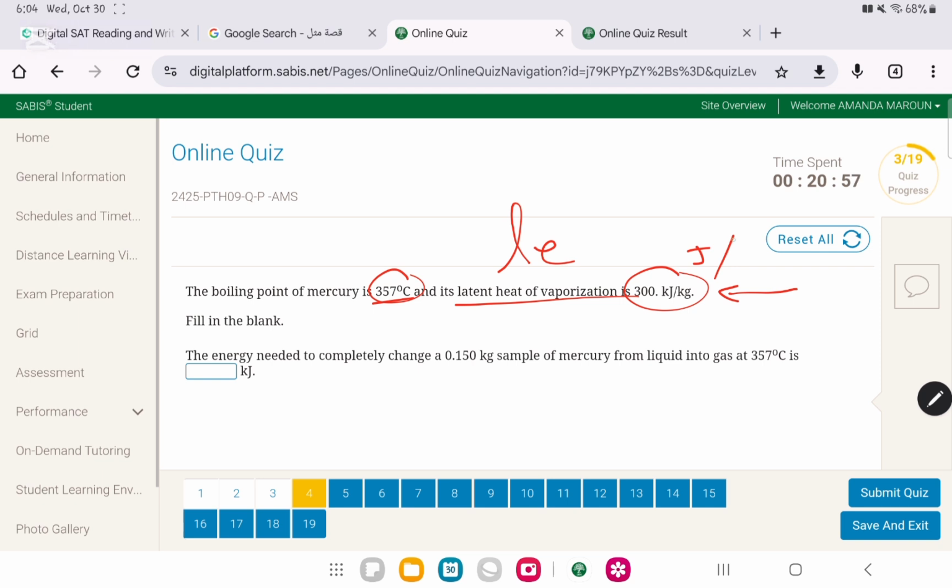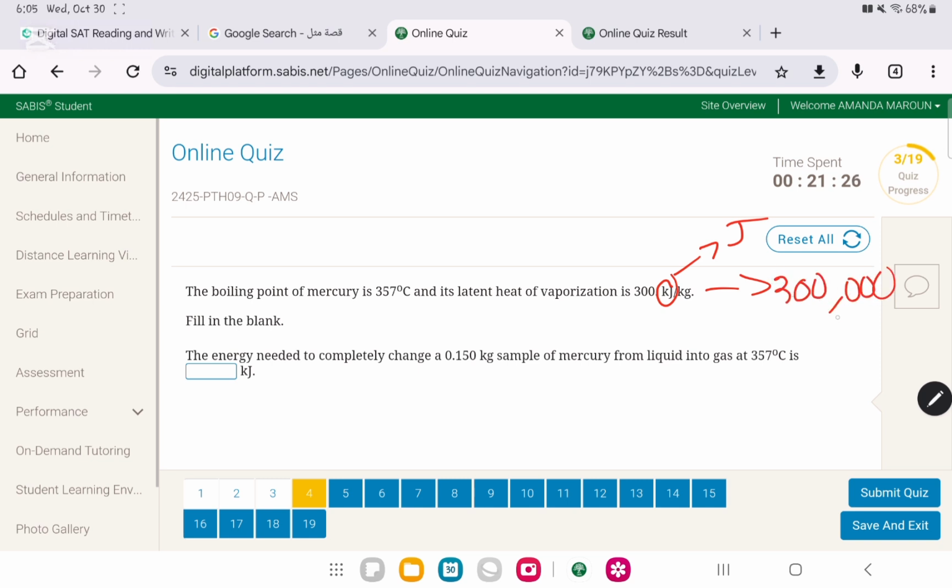If we're talking about specific heat, it should be joules per kg times Kelvin, or if we're talking about specific latent heat of vaporization or fusion, then it's going to be joules per kilogram. So basically, you should change this into joules. To change it into joules, we're going to multiply it by 1,000, so it becomes 300,000 joules per kg. So this is the specific latent heat of vaporization.